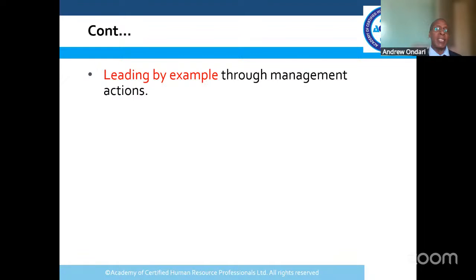If it's reporting to work, be the example, you report there on time. If it's about discipline, demonstrate discipline because you lead by example, so that we don't point fingers. Like it has been reported in other circles that we have failed in our duties as parents. So we are the parents of the organization as HR managers, we must lead by example.